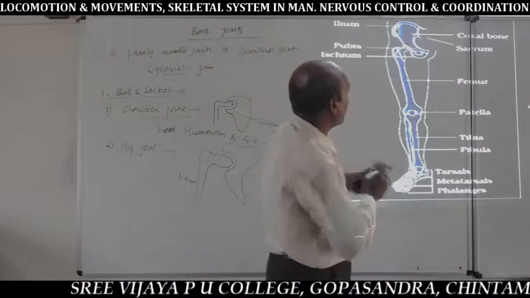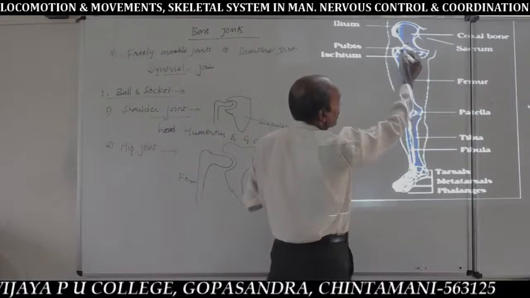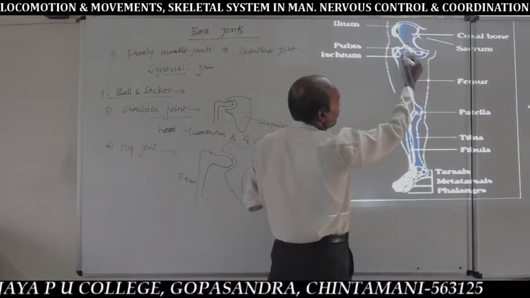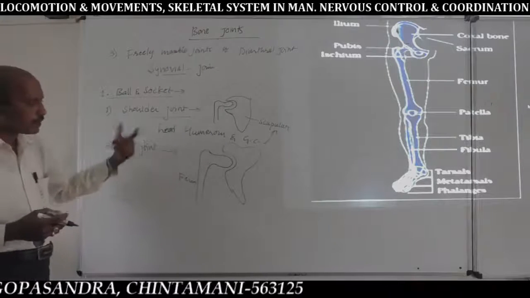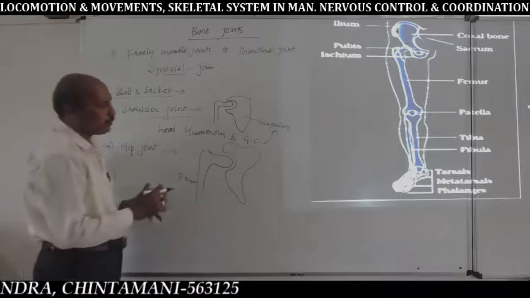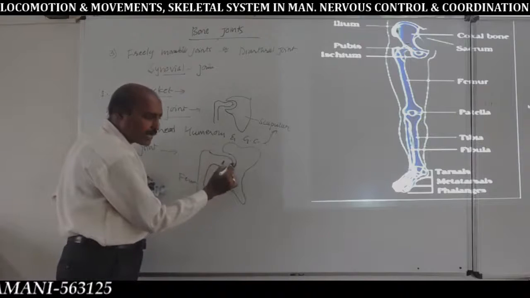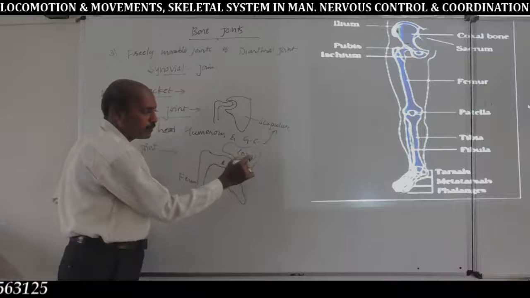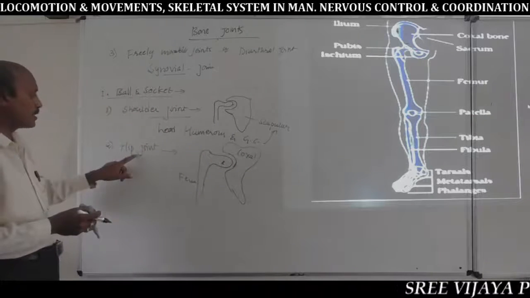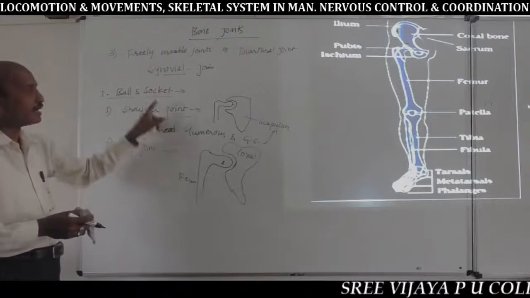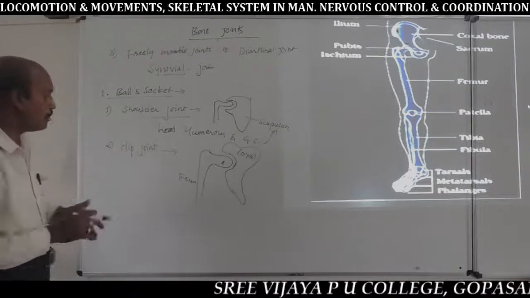Into the acetabular cavity, the head of the femur bone is fixed in the form of a ball and socket joint. So the hip joint is formed by the head of the femur and the acetabular cavity of the coxal bone of the pelvic girdle, one more example of a ball and socket joint. Ball and socket joints are freely movable joints.